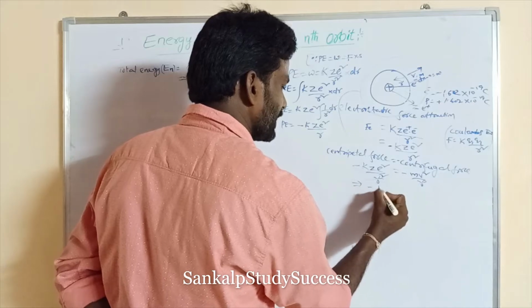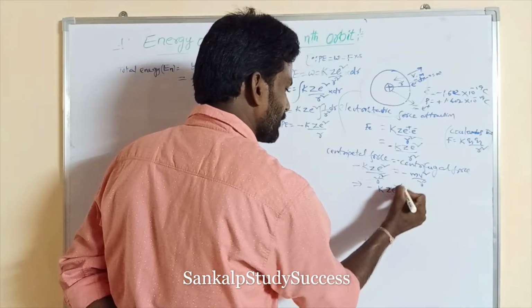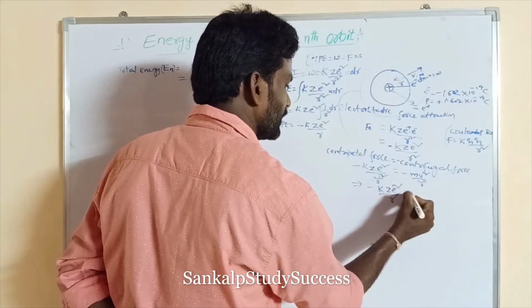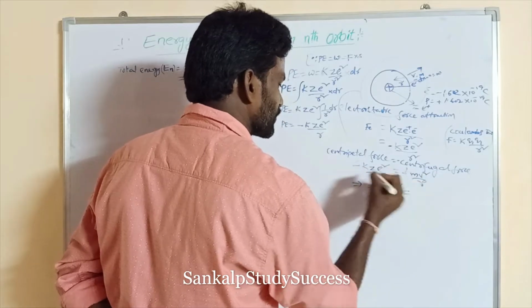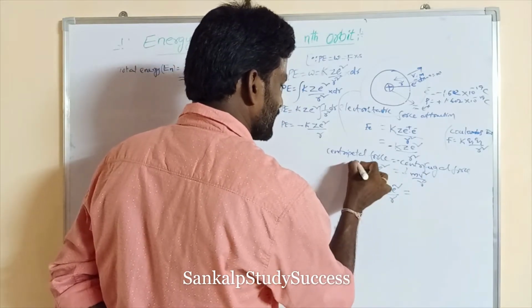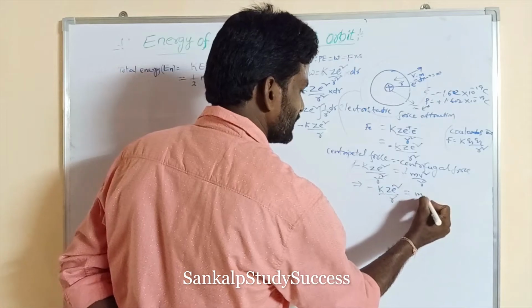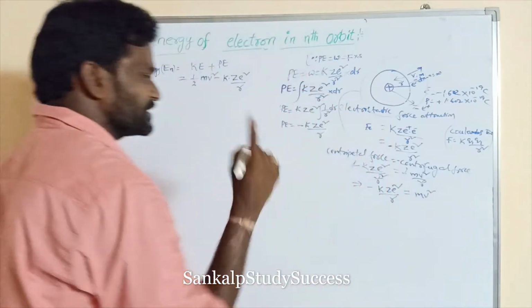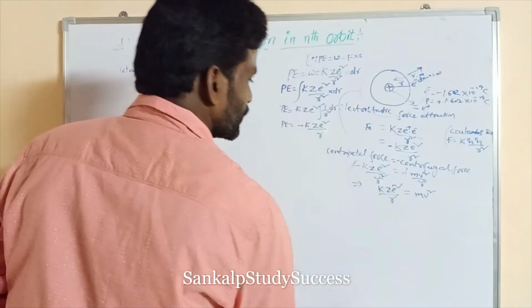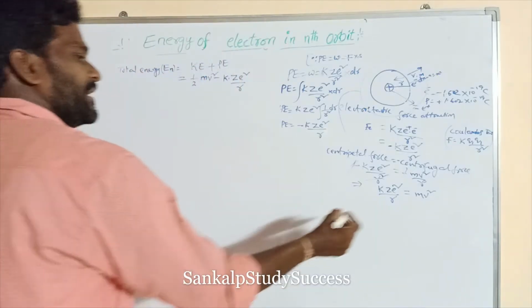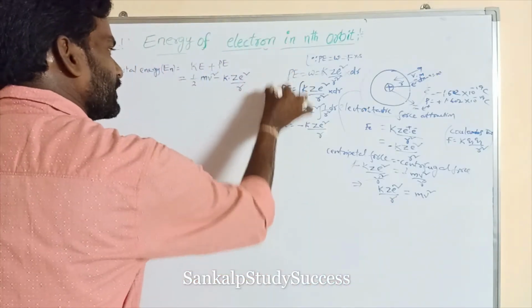What is remaining? k into z e square by r. Minus also cancels. So mv square is equal to k into z e square by r.